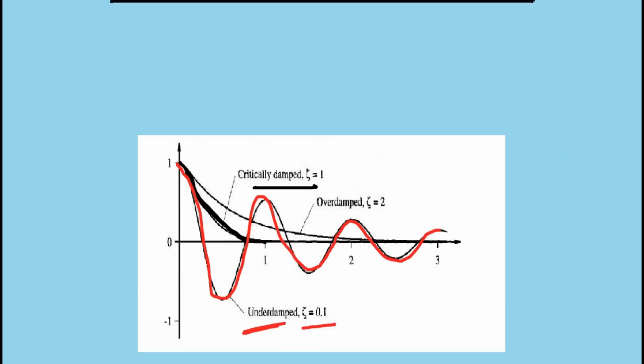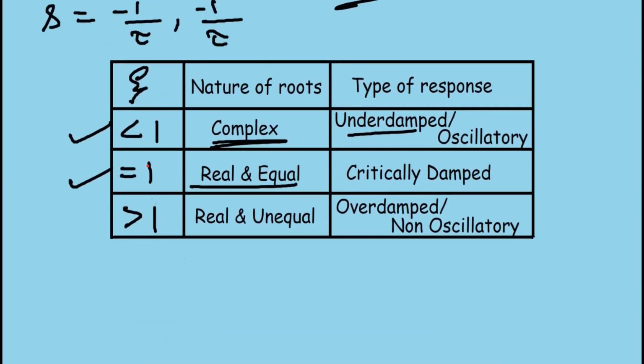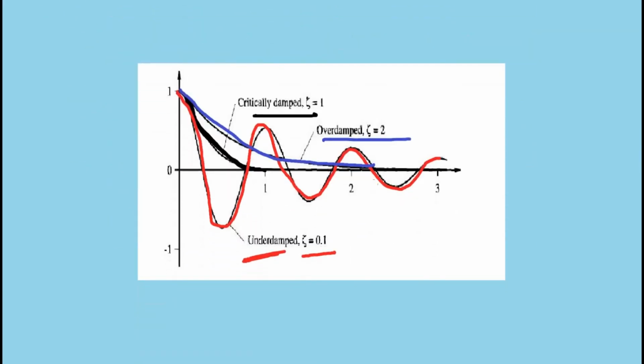Lastly, for zeta greater than 1, that is real and unequal roots, we have overdamped or non-oscillatory behavior, which is this curve. You can see that it occurs when zeta equals 2, that is zeta greater than 1. So all the three responses I have explained with the help of this diagram.